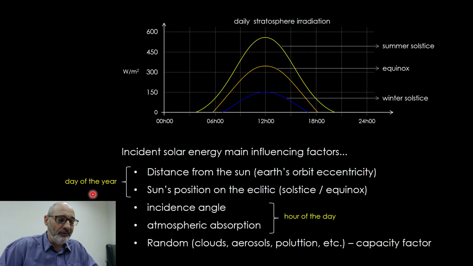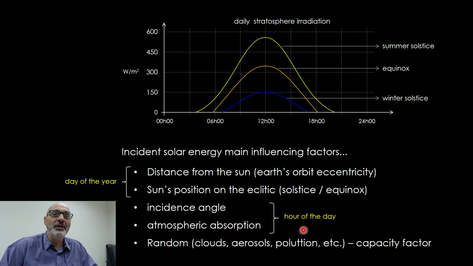Just to summarize what we need, we have variables that depend on the day of the year: this is the distance from the sun due to Earth's orbital eccentricity, and we also need to know the position of the sun on the ecliptic. These parameters depend on the day of the year.